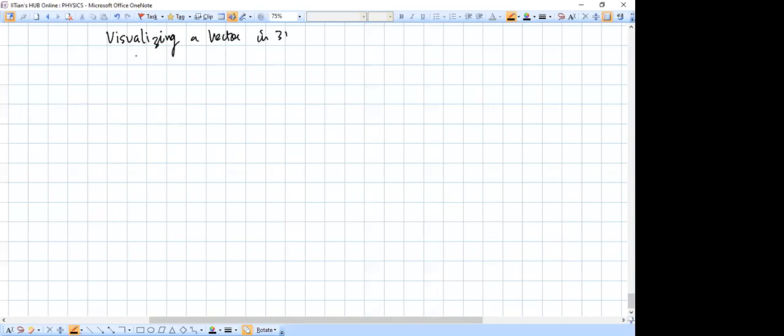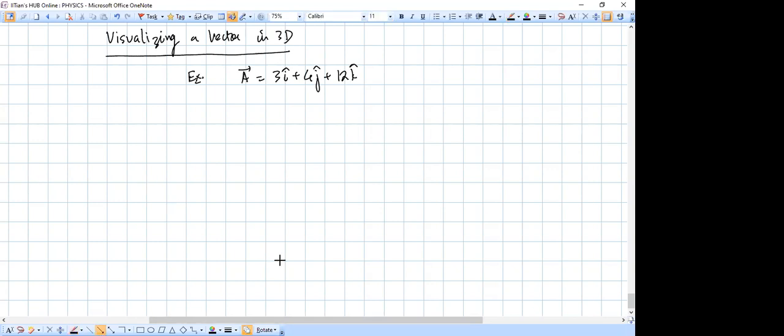For example, let's say I have a vector E, which is 3i cap plus 4j cap plus 12k cap. Suppose I have this vector. So let's start by making the axes.